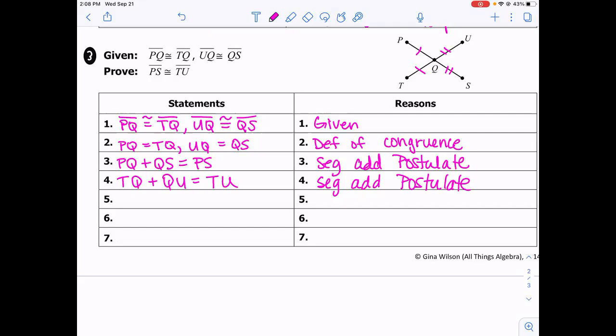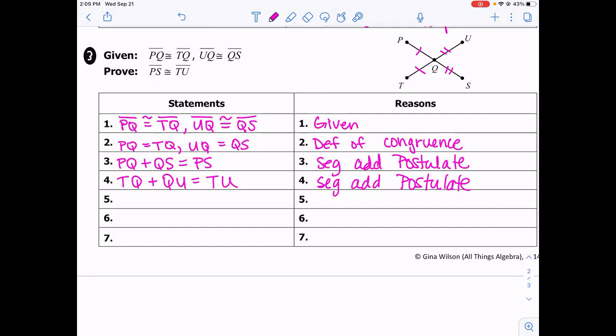Ladies and gentlemen, we need to figure out how to get PS and TU equal to each other. Somebody mentioned the transitive property. If I could get these two to look the same, we could use the transitive property. So is there something we could substitute?